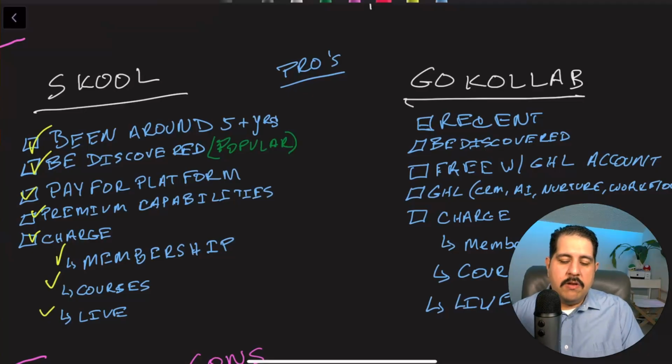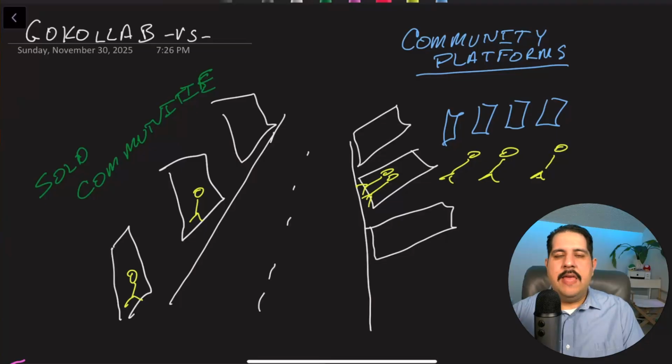Now, when it comes to GoKollab, it is more recent. One of the things that High Level had for much longer was being able to create communities. And so every agency owner, or every sub account owner could create their own community portal, right? That was only them. So if you think about this top side, it's like they could create the left side of the street, right?